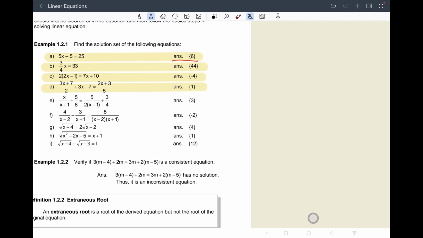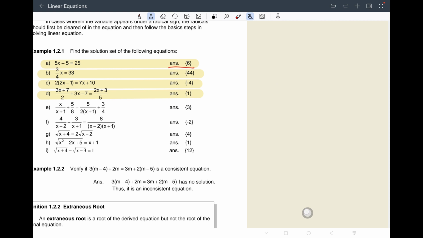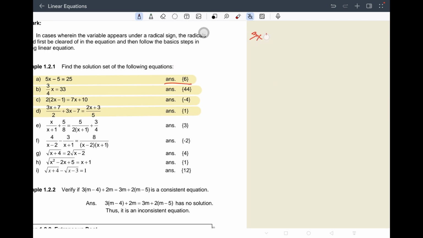Okay, so let us try to solve this equation. 3x plus 7 all over 2 plus 3x minus 7 equals 2x plus 3 all over 5.